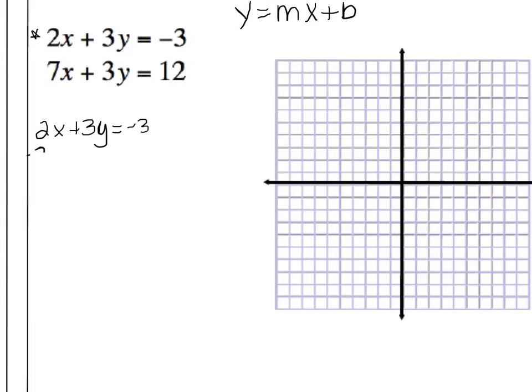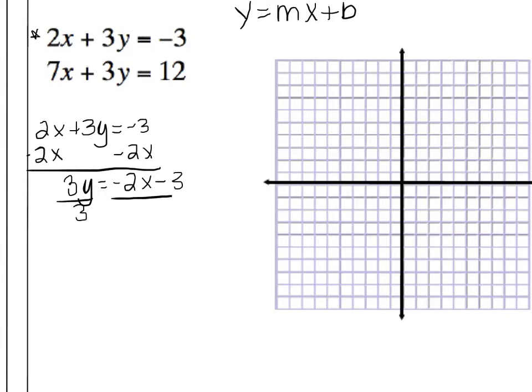I'm going to first move this 2x over to the other side by subtracting it, which leaves me with 3y equaling negative 2x minus 3. The last step would be to divide by 3 on both sides. And remember that 3 goes to both pieces over here. So it's going to be y equals negative 2/3 x minus 3 over 3, or negative 2/3 x minus 1.